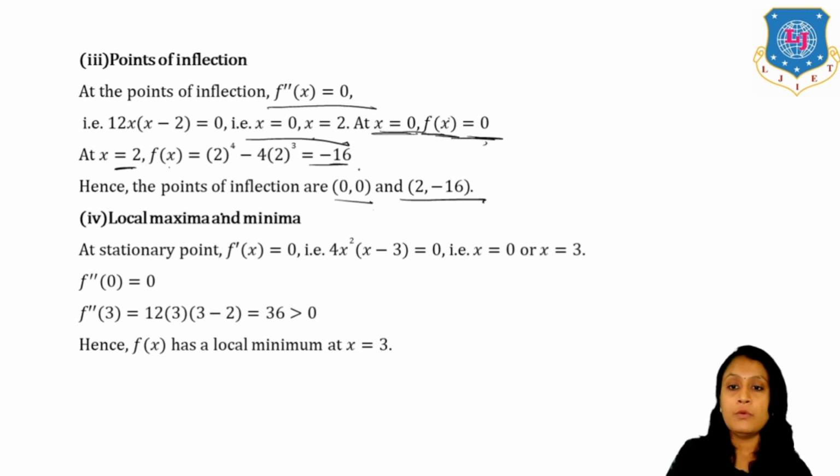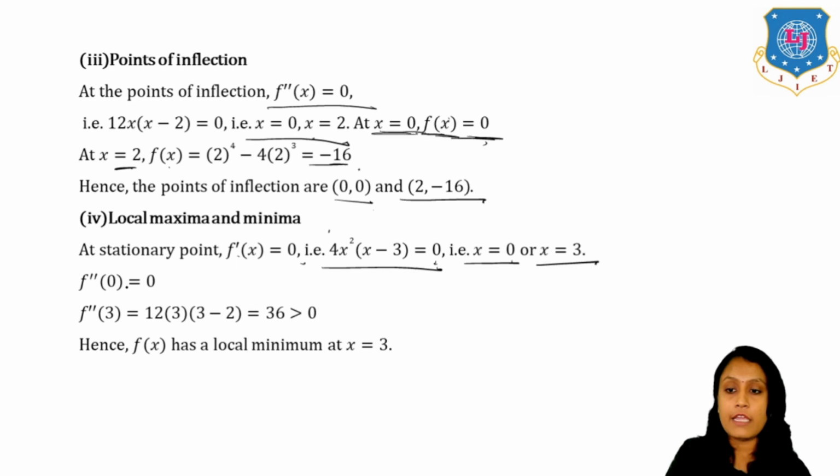Now we'll find the local maxima and minima. At a stationary point, f'(x) is equal to 0. So f'(x) is 4x² (x - 3) equal to 0. So from this we get x equal to 0 or x equal to 3.